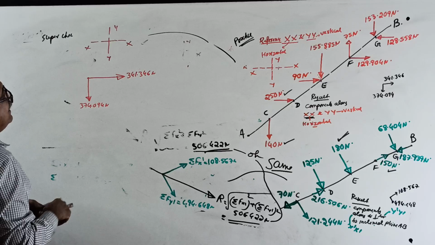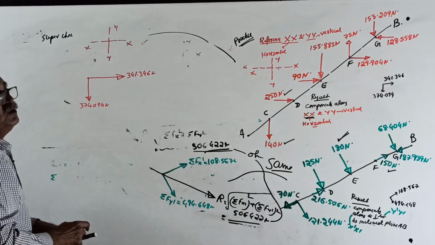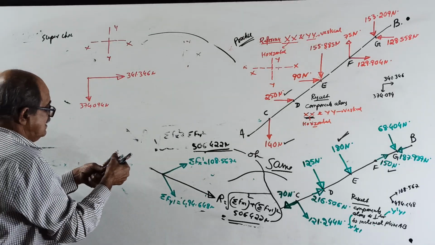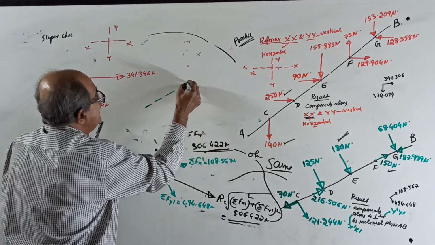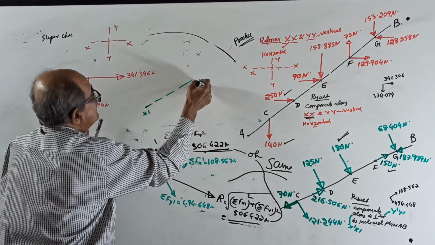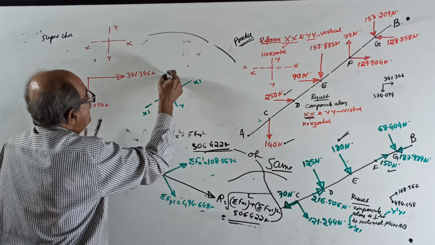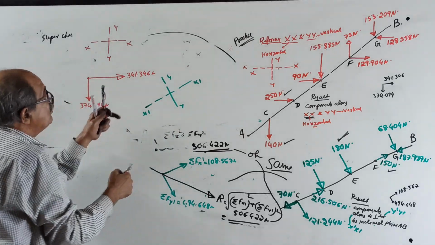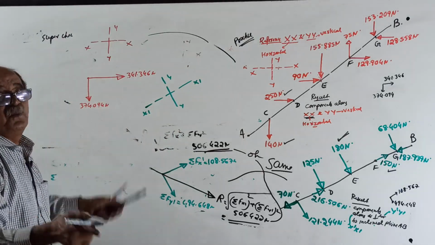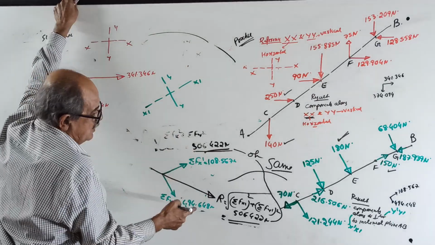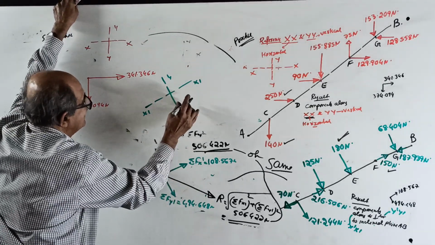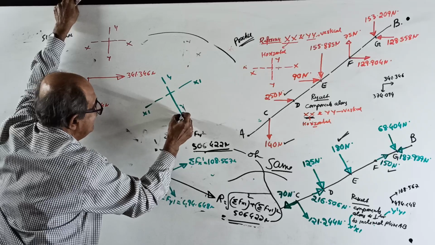Now do one thing: resolve these two forces along x dash and y dash. Two forces are there; you have to find components and add them. My guarantee, the answer will come.